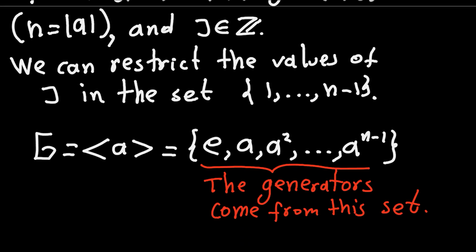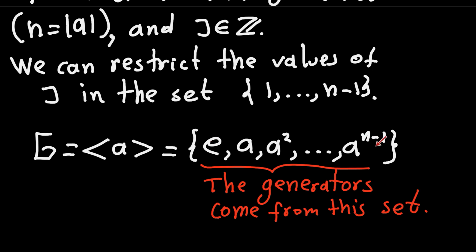Because if you look at the group G, which is all the powers of an element a, assuming that the group G has order n, then the group generated by a will have these many elements. We'll have a to the 0, which is the identity, a to the first, a to the second, up to a to the n minus 1, because a to the n will be the identity again.